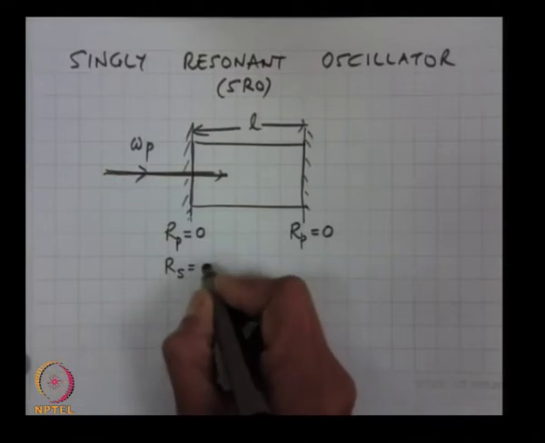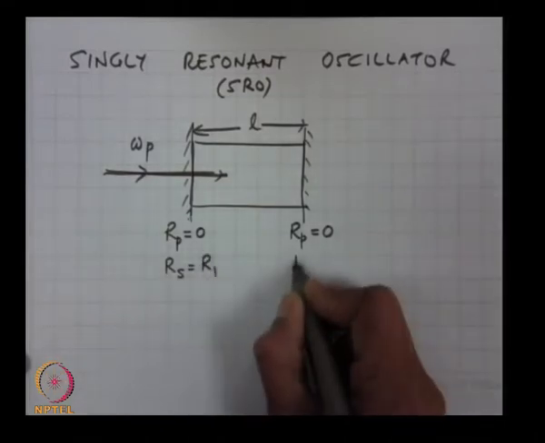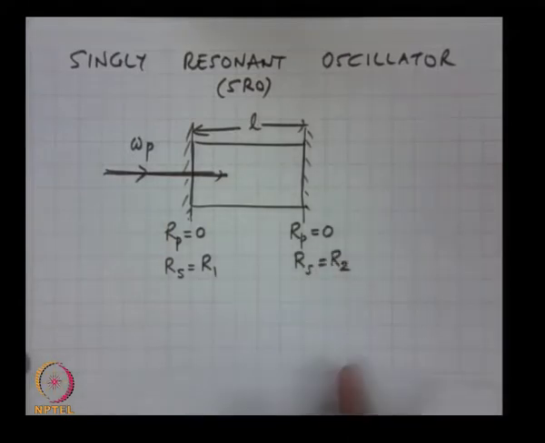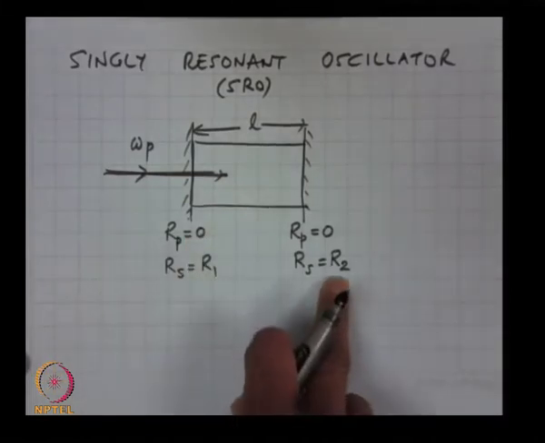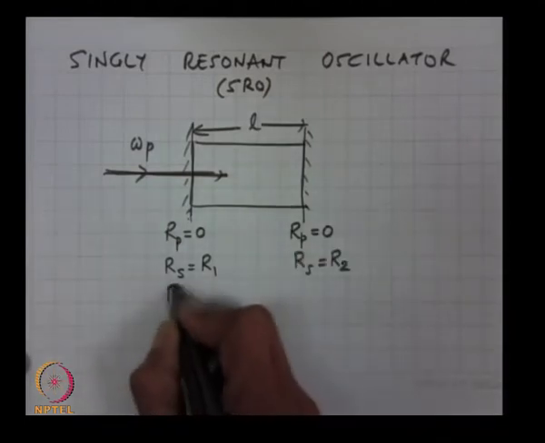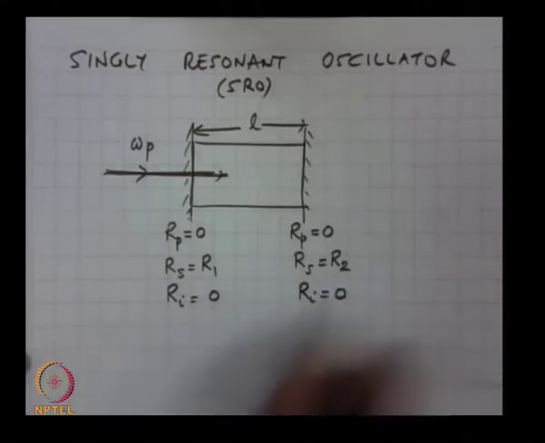Rs, the reflectivity at the signal frequency, let me assume it is R1, and this is R2. They could be different, they could be equal. For example, I could have this to be 1 and this to be some finite value, 98%. I could have both finite numbers, whatever it is. And then finally, Ri is equal to 0 for both the mirrors.